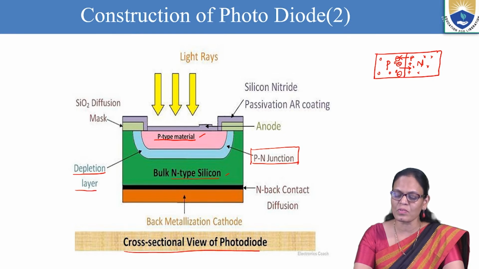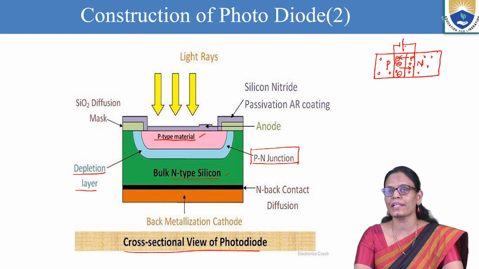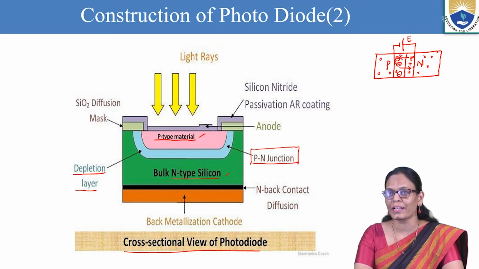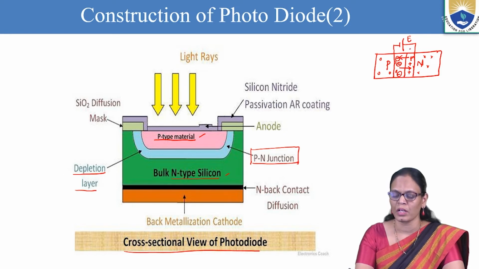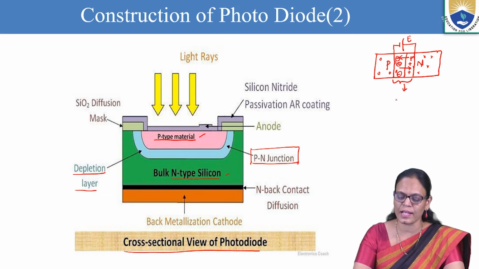Because of these immobile ions, this region will develop a potential, and we call it potential barrier. An electric field is developed, and this electric field will remove all the free charge carriers from this region, and we call this the depletion region.